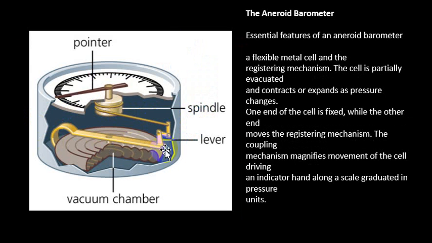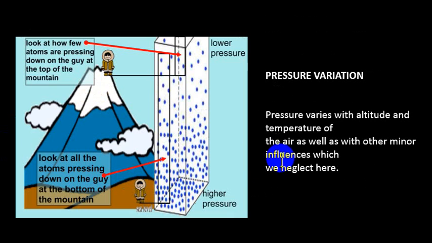So just the air being around this flexible metal cell that's tied into a mechanism. There's a lever there and a spindle, and then it rotates the pointer. You can freeze that and look on your own, but that is driven by climbing and experiencing lower pressure, or a lower amount of atoms exerting themselves, and then descending, a higher amount, and then the needle goes down and says, hey, you're descending.